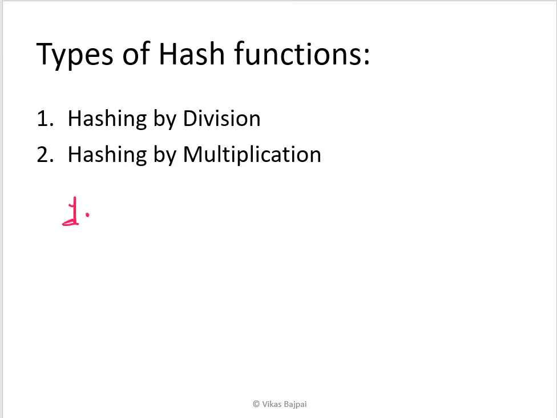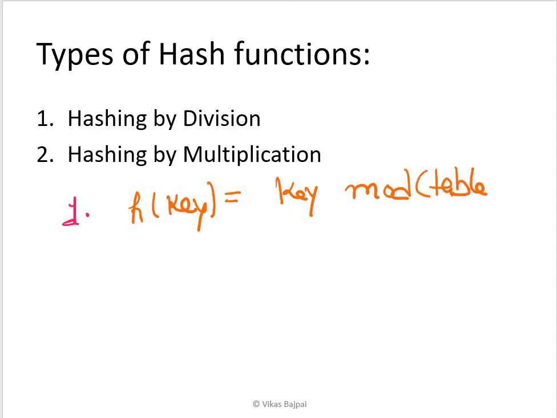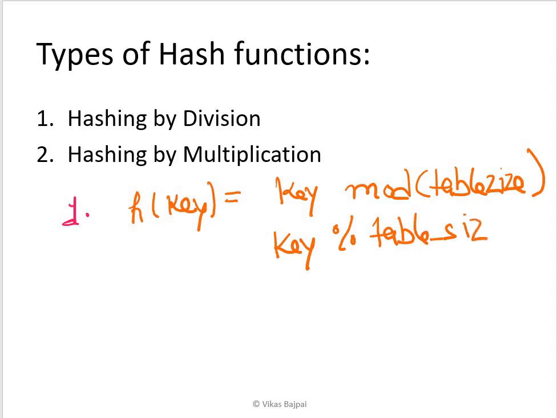How it works is that h of key is equal to key mod the table size, or m. So this is key mod table size, right? And this is the most simple method of hashing an integer.